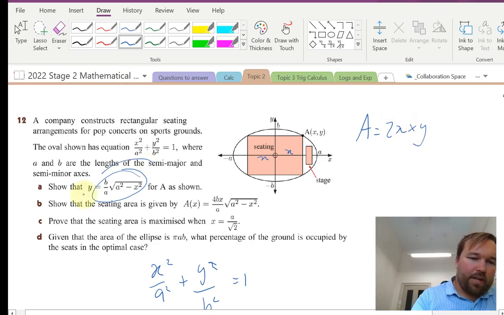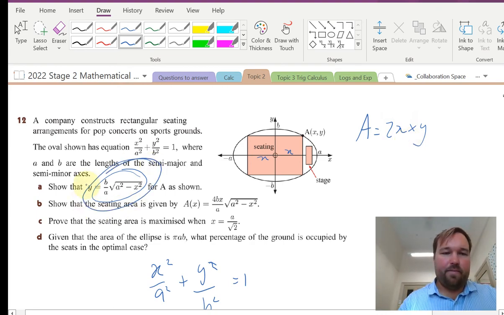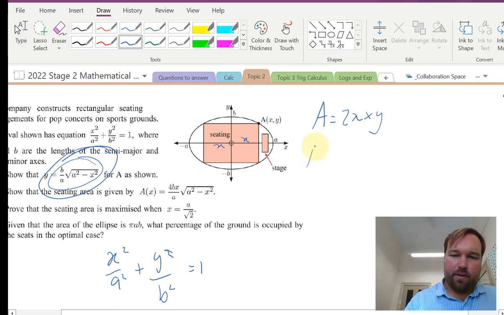And y is exactly what we've got there. So area is 2x multiplied by b on a square root, don't even need the bracket, b on a squared take x squared.